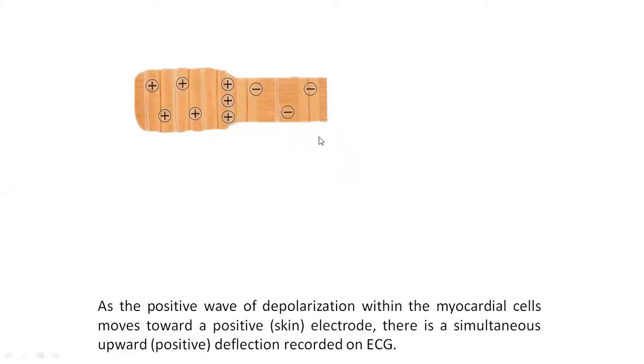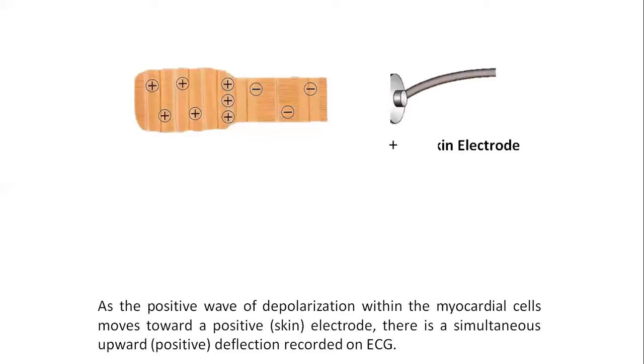Now, let us consider this as a myocardium. As the positive wave of depolarization within the myocardial cell moves towards a positive electrode, let us think that this is a skin electrode directed towards this myocardium. You see here a number of depolarizations. The summation of this will be captured by this skin electrode and there will be a deflection.